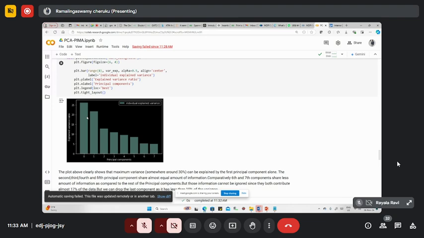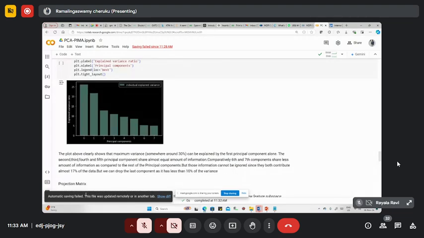Or if you keep only the first 2 eigenvectors, when I transform a point into the space where the first and second principal components are the basis vectors, we preserve almost 50% of the information.